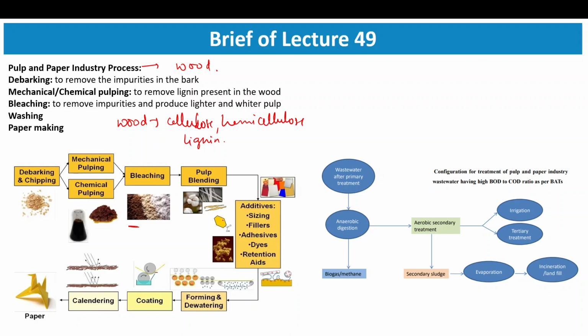So now you wash this pulp and it is sent to paper making, where you add some fillers and some dye if you need colored paper. It is passed over a roll or a belt where dewatering of the pulp occurs so that the water is drained and somewhat dried pulp is obtained, and then it passes through rollers where the pulp is converted into sheet form.